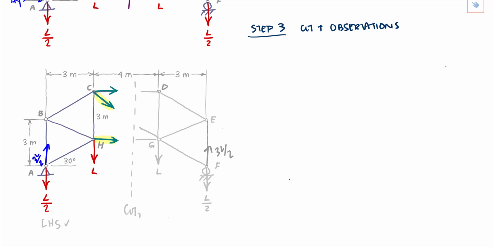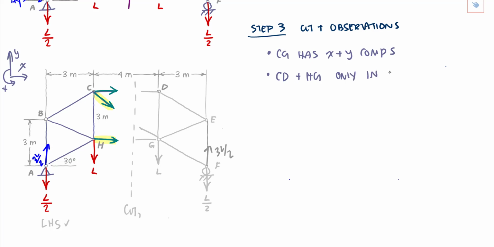And what are things that I note? So CG has X and Y components. Remember, once I drew out my sign convention, and there it is again for you. And then I also note that CD and HG are only in the X direction.